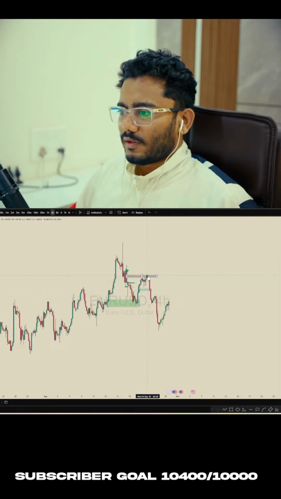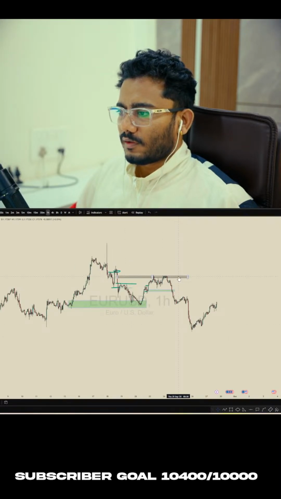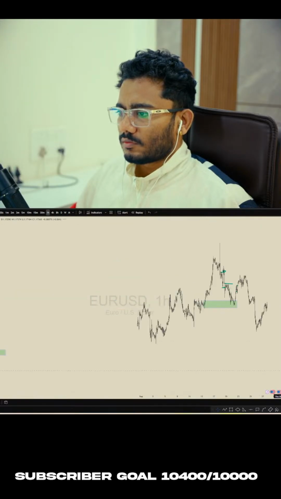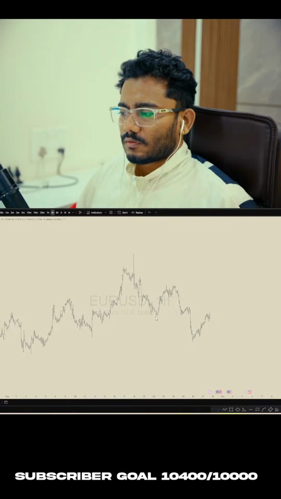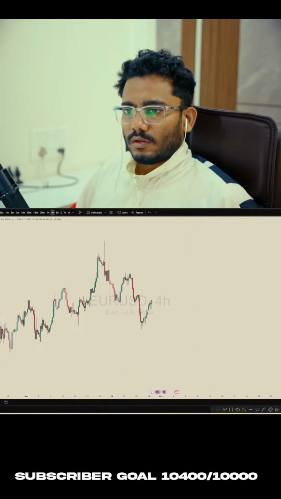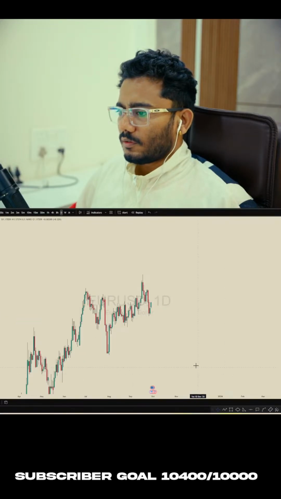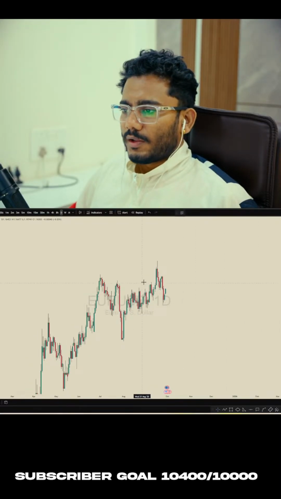So from our previous live, this was our area where we are looking for sell side, and this was the buy side zone. So here, if you look at daily time frame, price took out this liquidity.